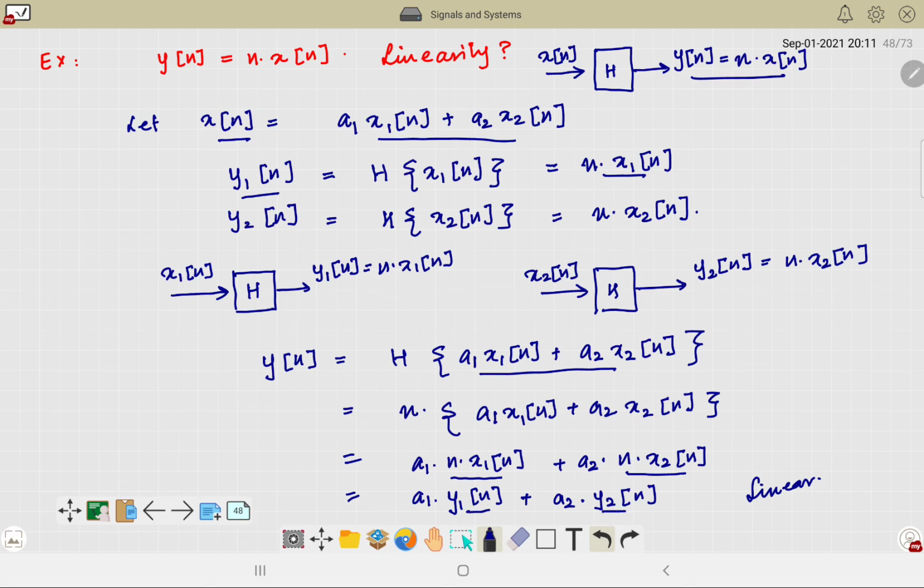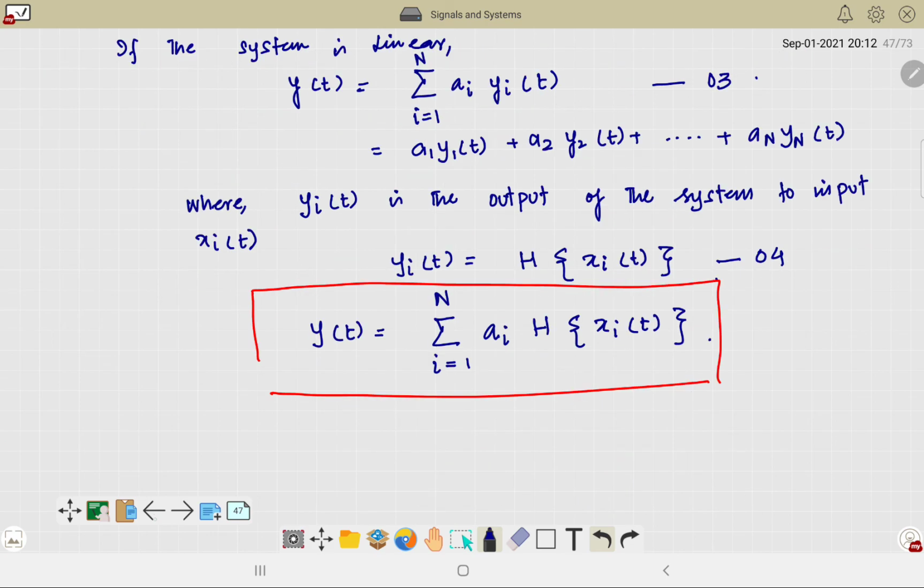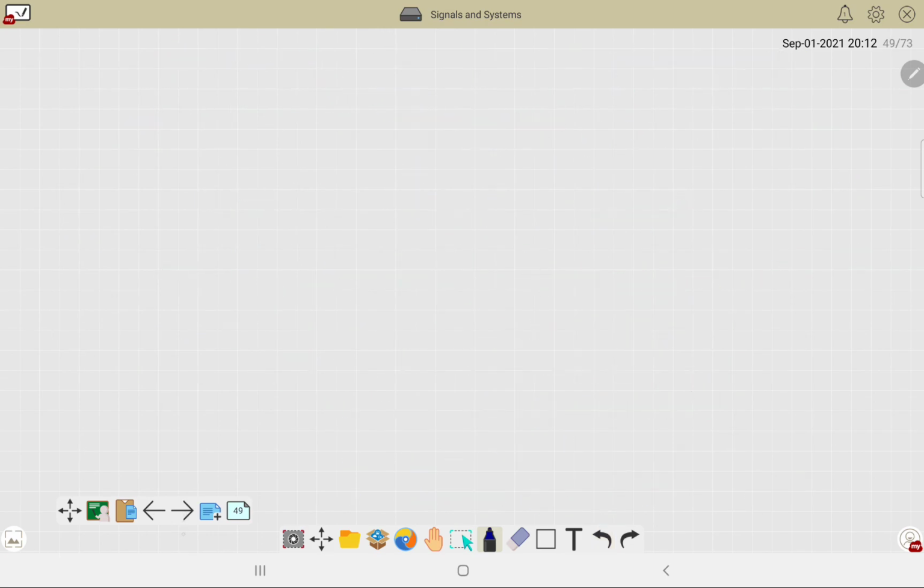So this is a linear system. We'll be doing some more examples when we have the live demo session, but for the time being, this is what the property of linearity means.